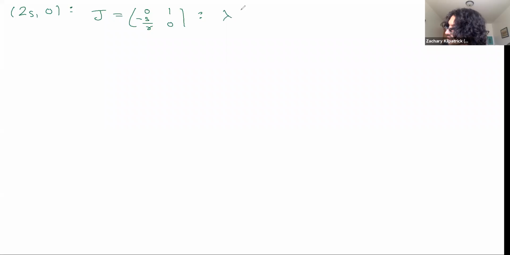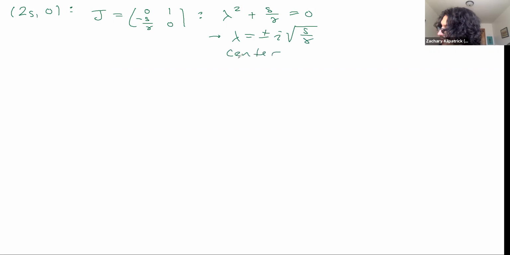So my eigenvalues in that case are going to be given by lambda squared plus S over gamma equals 0. So that means that lambda equals plus or minus i times the square root of S over gamma, which means that I have a center in that case, okay?